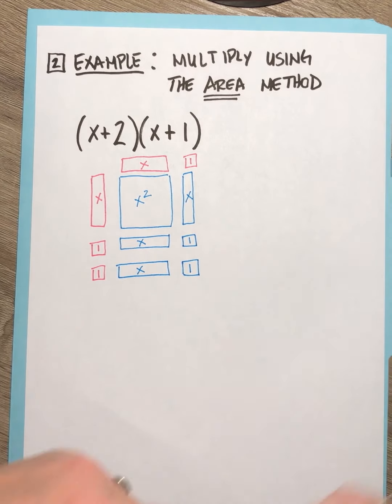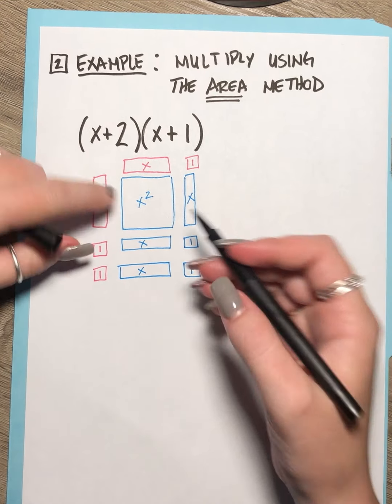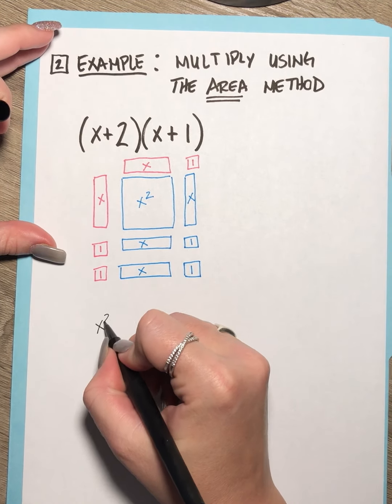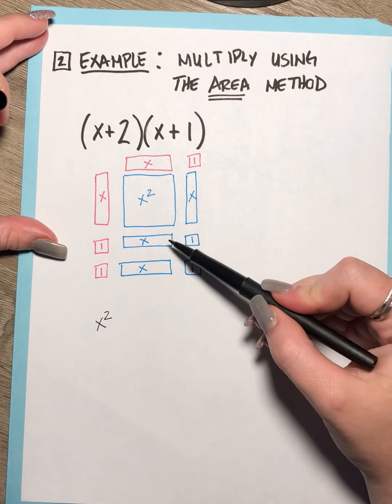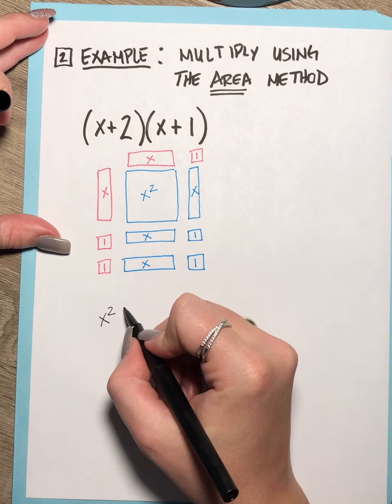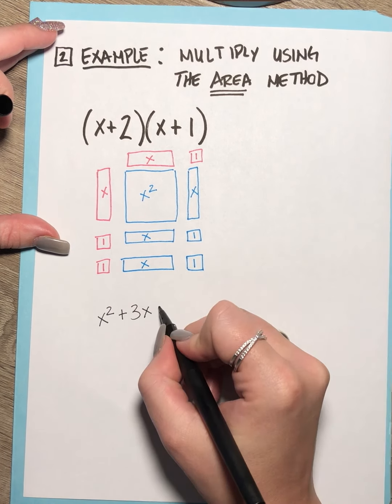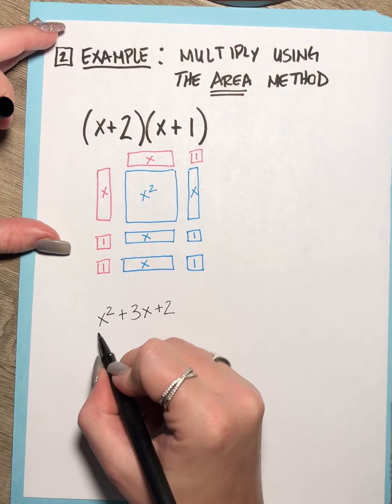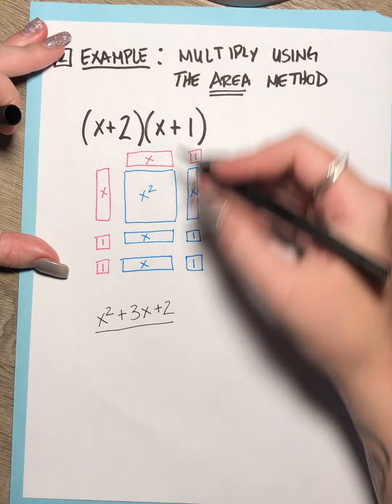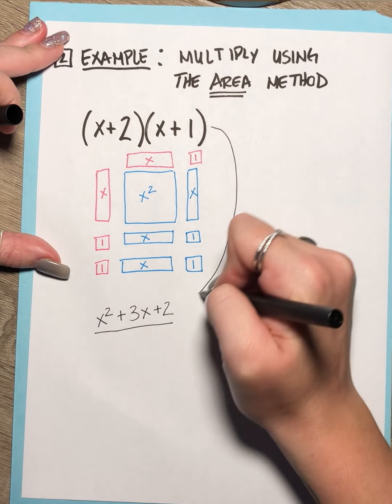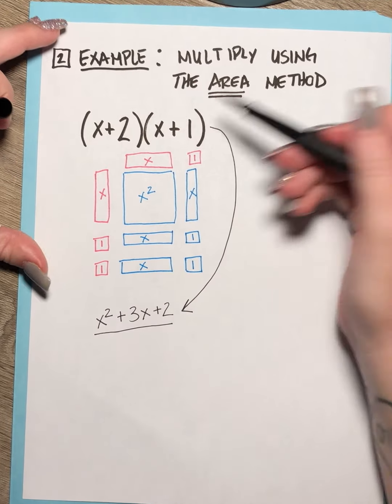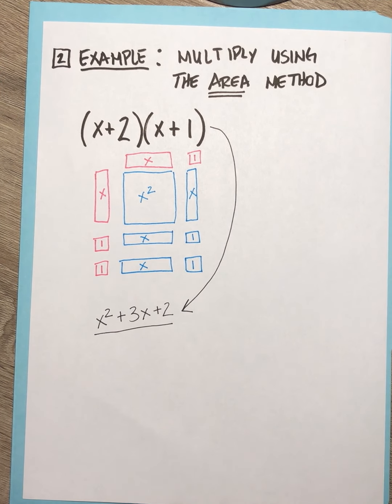So what we should have is 1 x squared, so x squared. We have 1, 2, 3 x's, so plus 3x, and we have 2 1s, so plus 2. So this should give us what x plus 2 times x plus 1 equals.